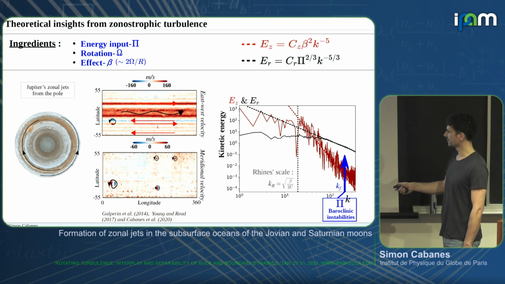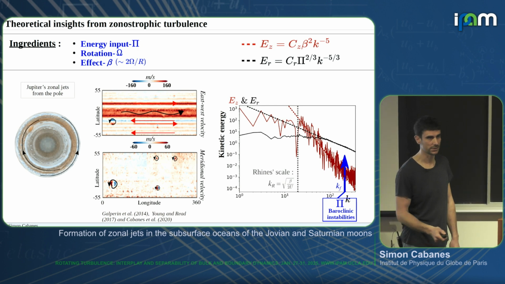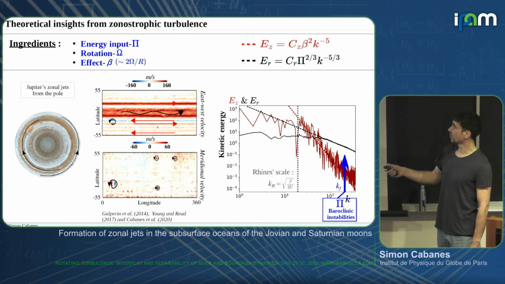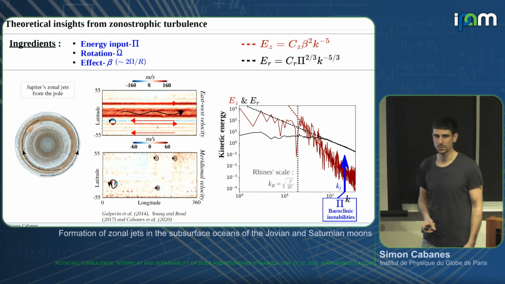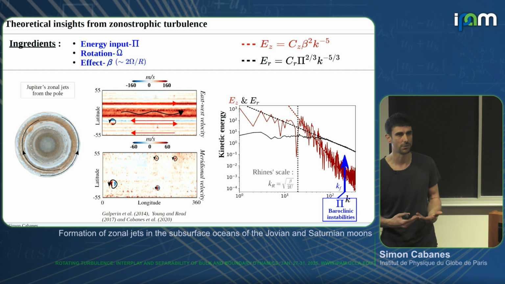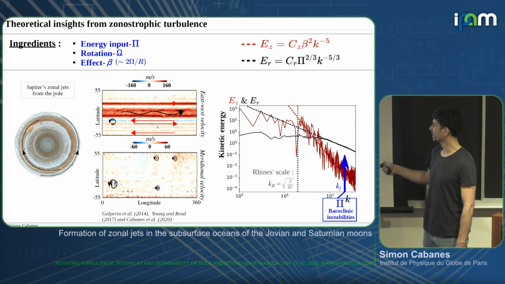And the other length scale, which is well known as well, is the Rhines scale, and this represents the typical size of the jets. And this depends on the beta parameter and U, the typical flow velocity. So that is what they call zonostrophic turbulence, and zonostrophic turbulence is just the combination of those two spectra, the one of the zonal energy and the residual, and you're zonostrophic when the zonal jets correspond to the most energetic features in the flow, which dominate over the residual counterpart.